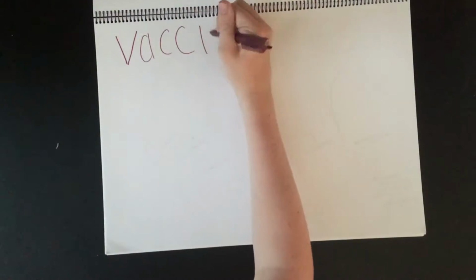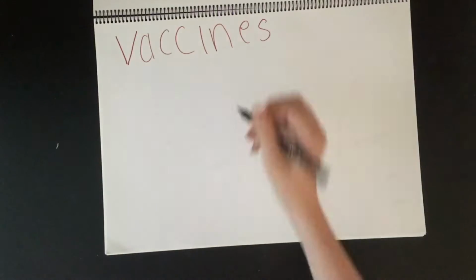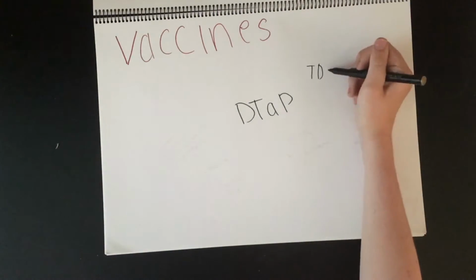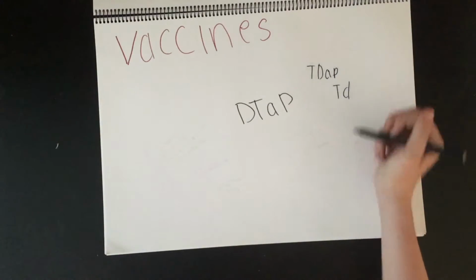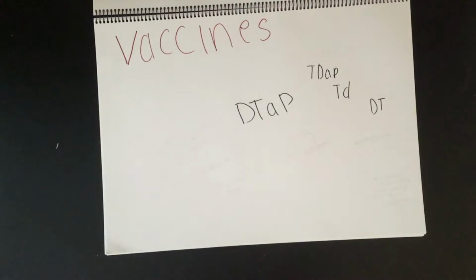There are many diphtheria vaccines known as DTaP, Tdap, DT, and Td. Tdap and Td are given to adults, whilst DTaP and DT are given to children. Diphtheria is a combined vaccine. The components in the vaccine depend on your age and how many vaccines you've had before.